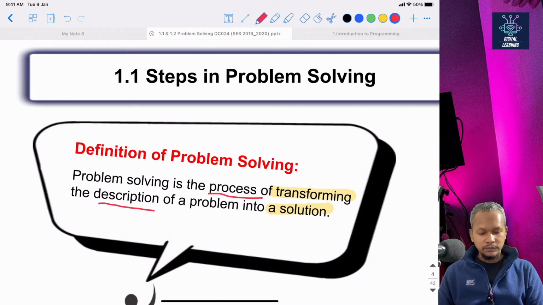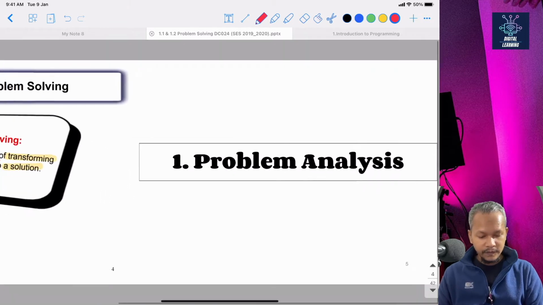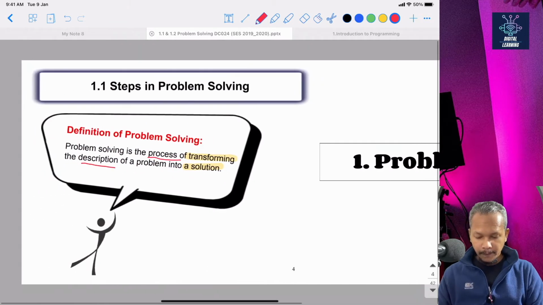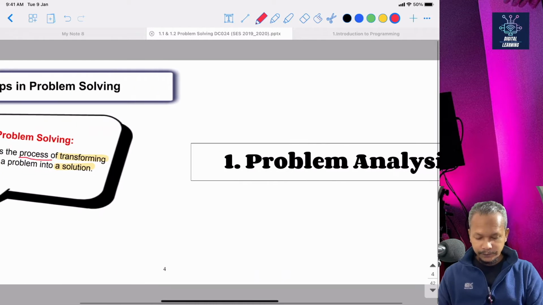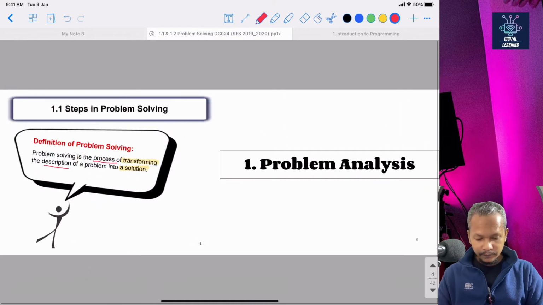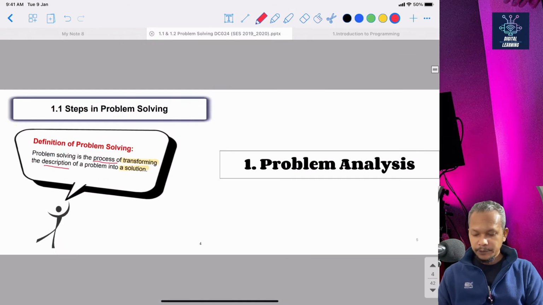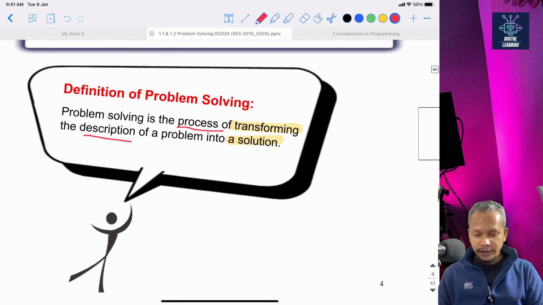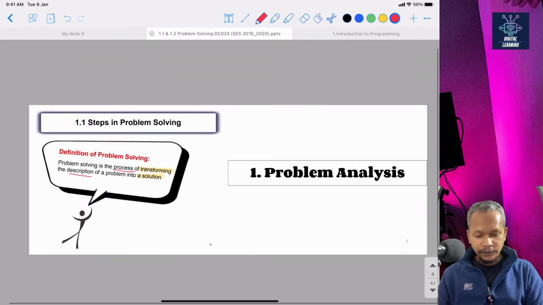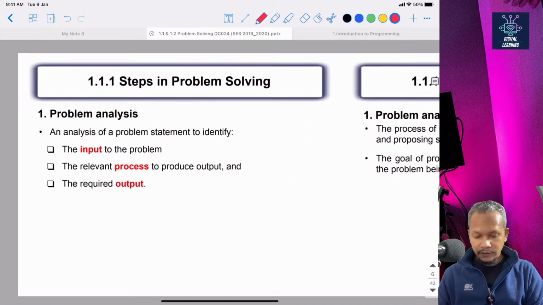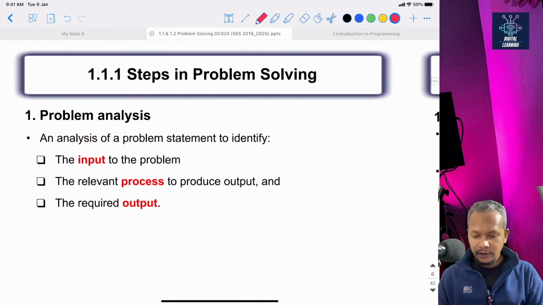The process may be a problem in the real world. We look at how I can describe problem analysis.